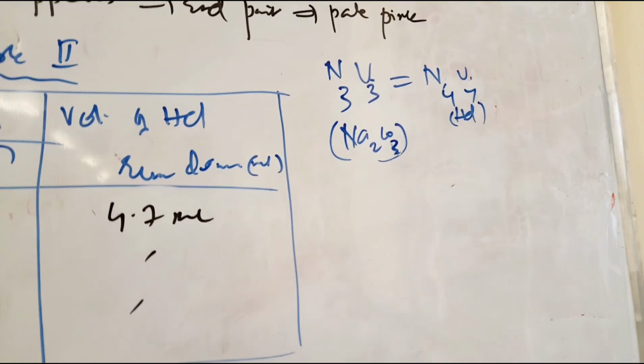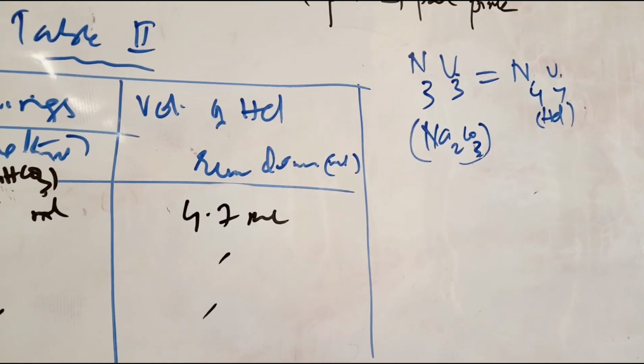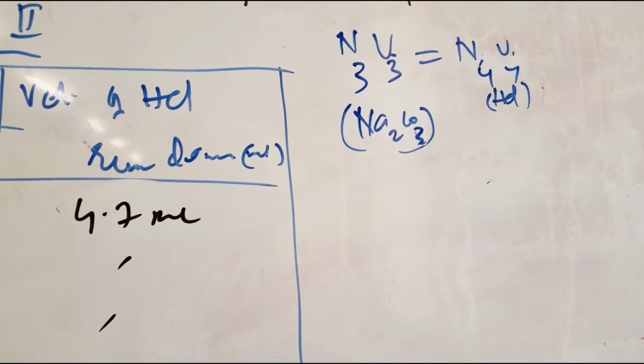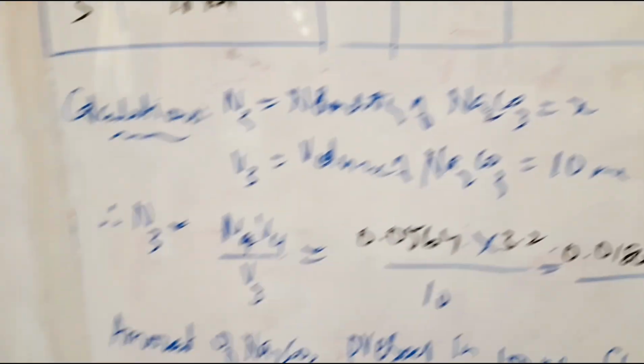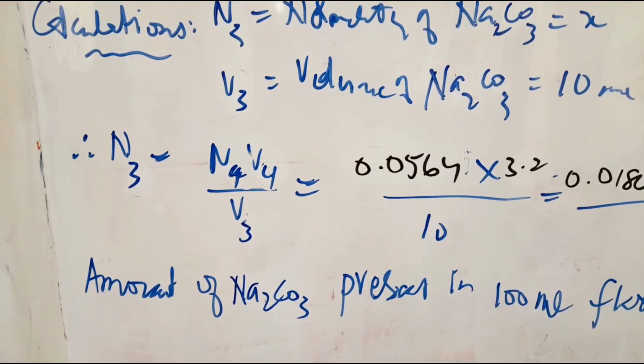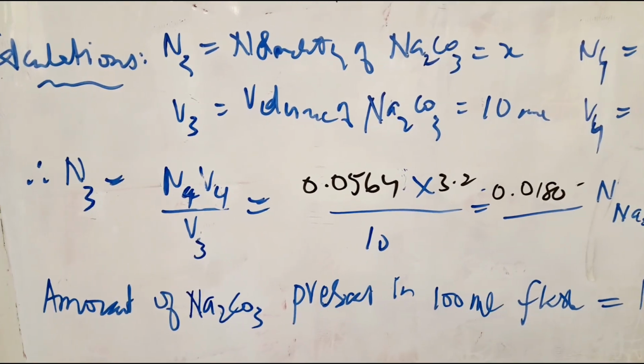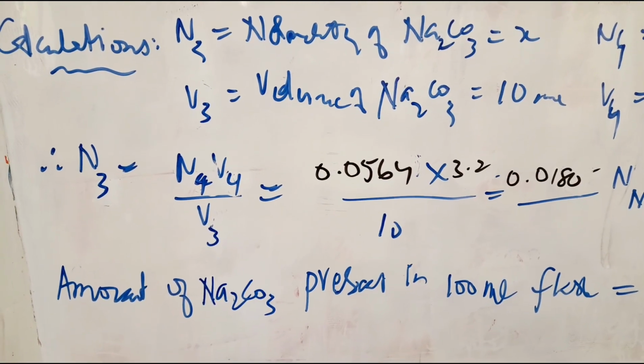And again going to the formula, the law of equivalence, N3V3 equals N4V4, where N3V3 is for sodium carbonate and N4V4 for HCl. Now just put in the values. N3, the normality of sodium carbonate, is X, which we don't know, and V3, the volume of sodium carbonate, is 10 ml.